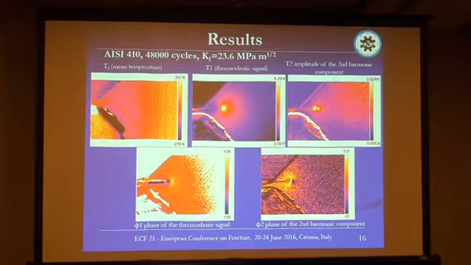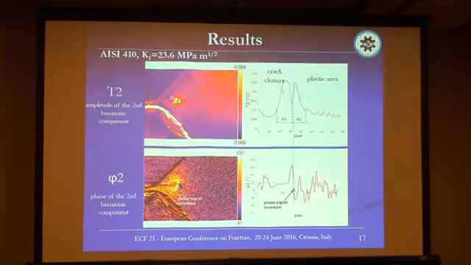From the first image, considering the mean temperature variation during the loading, it's not possible to evaluate information about the crack tip position or about the stress intensity factor and the other aspects we have just spoken about. So we have to consider also the other components of the thermoelastic signal, considering the variation of the temperature in the time domain. Here we can see the results for the martensitic stainless steel.